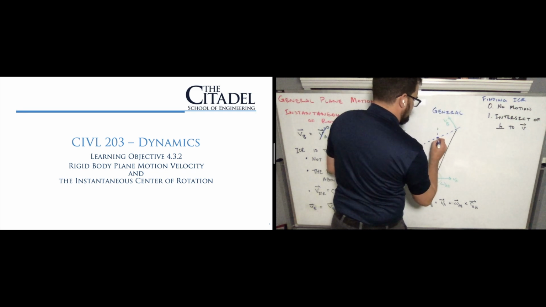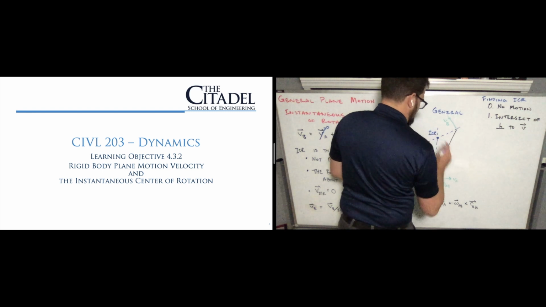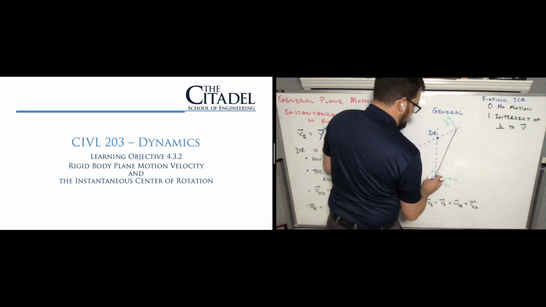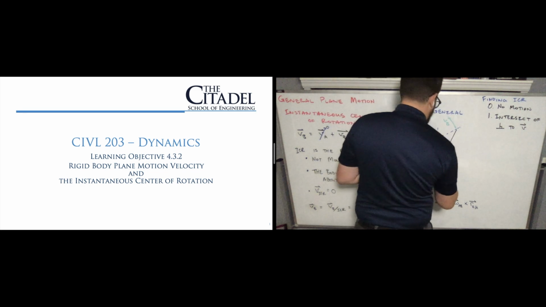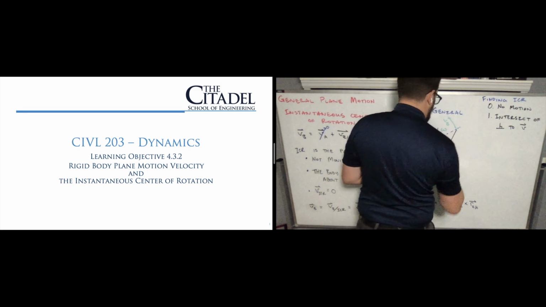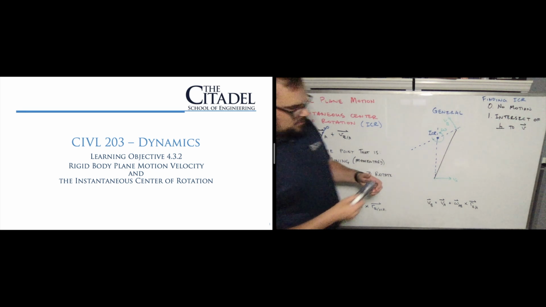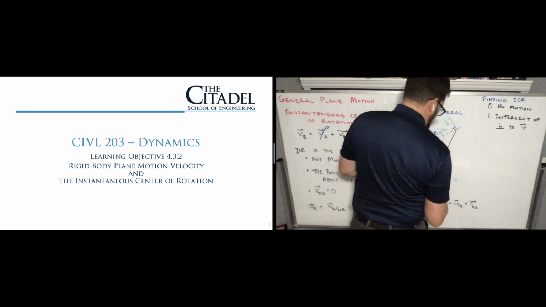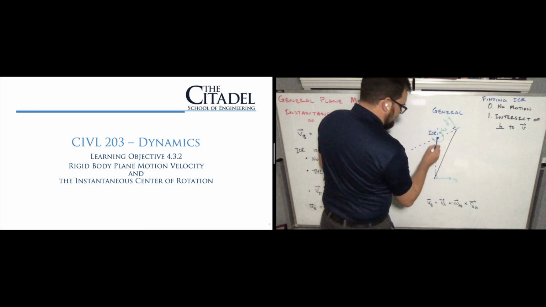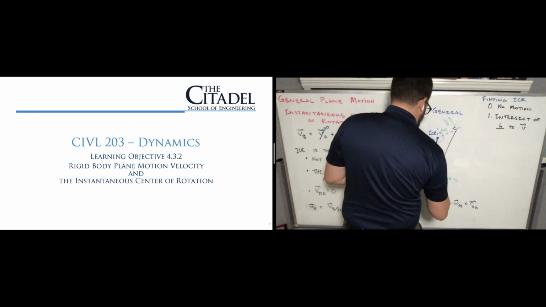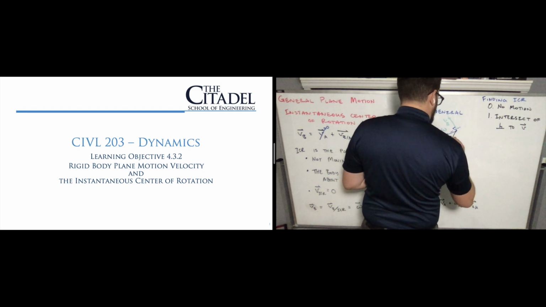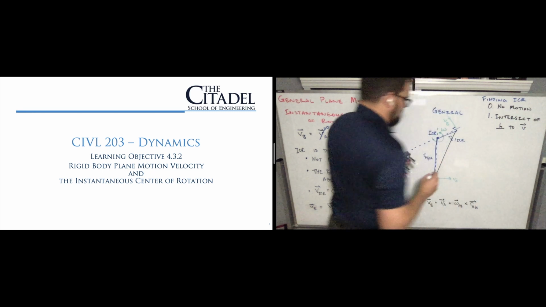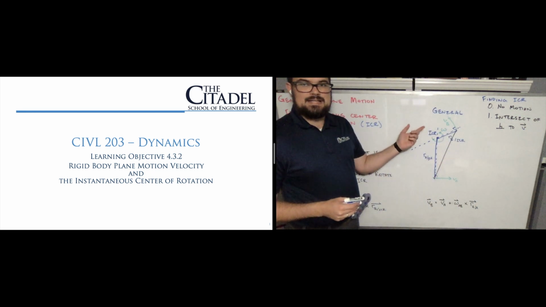And the point where they intersect, that is the ICR. And remember, the angular velocity we said was a free vector. So I can just move the omega to that location. And so by drawing my perpendiculars to each velocity, now all I need to know is the position vector RA with respect to the ICR and RB with respect to the ICR. And once I know those two pieces, I can easily calculate the omega.